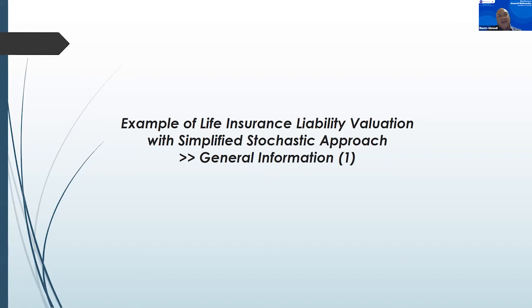So it's simple, but the goal here is to show the randomness, the stochastic nature, of the concept. So in this example, we're dealing with an endowment product. I hope you understand already endowment products, the traditional endowment products.